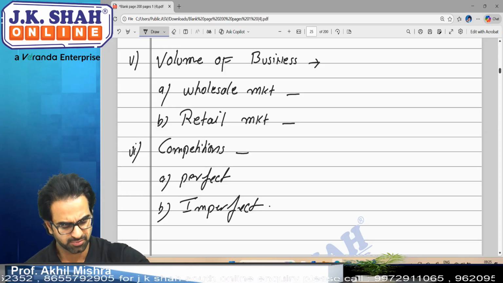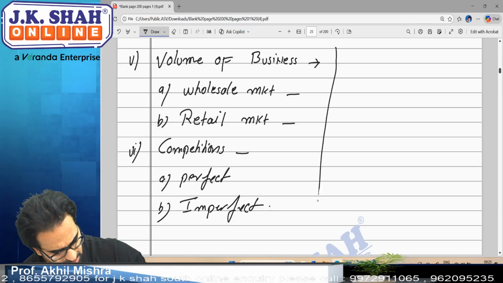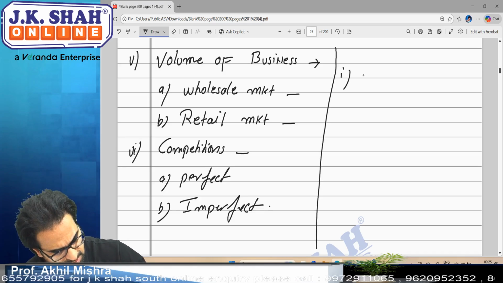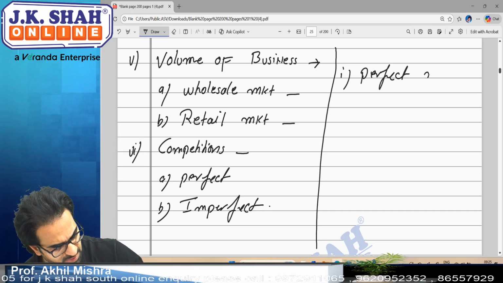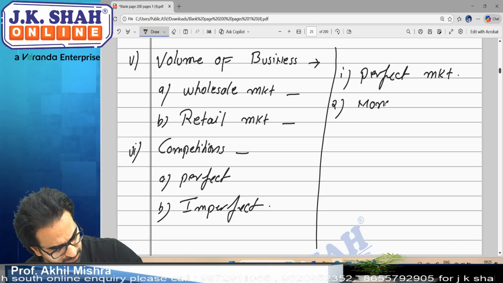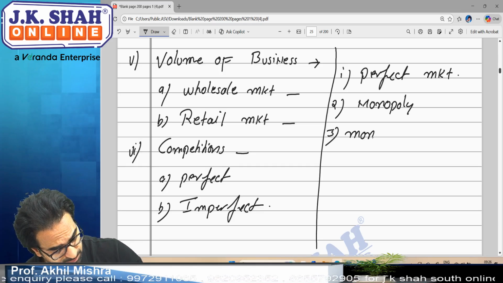So I'll just write the names of the markets. Perfect market or perfect competition. Then we have monopoly. Then we have monopolistic.